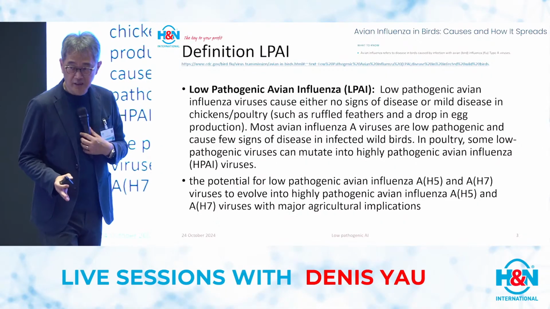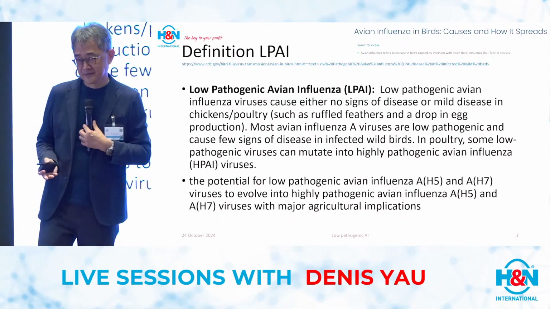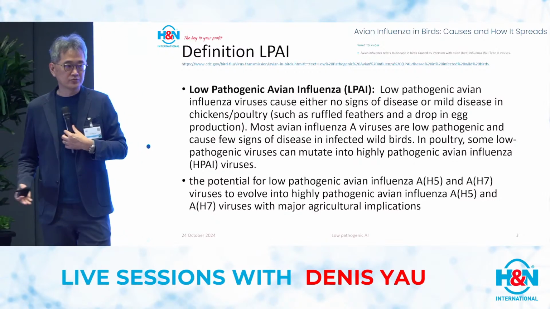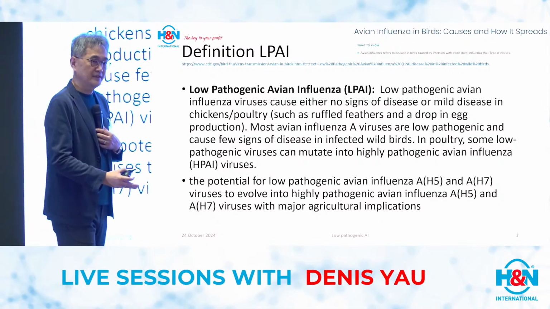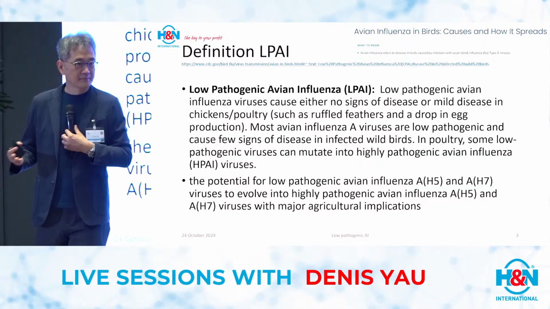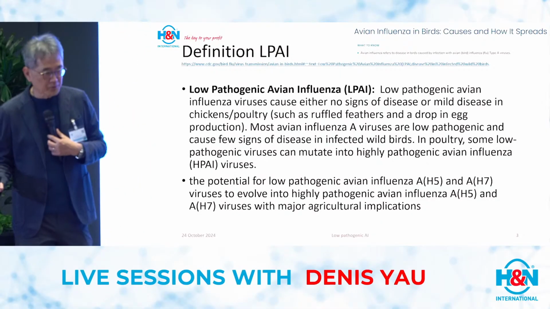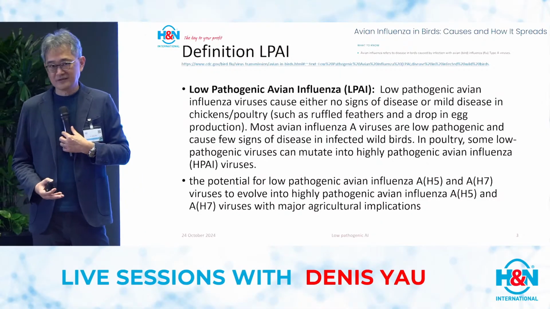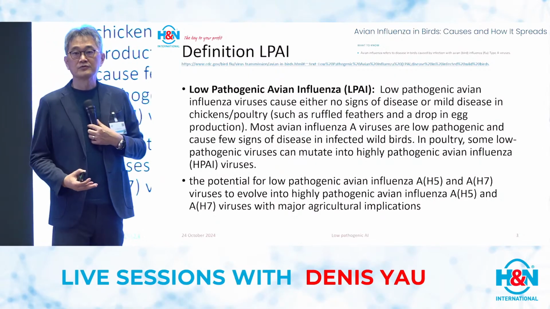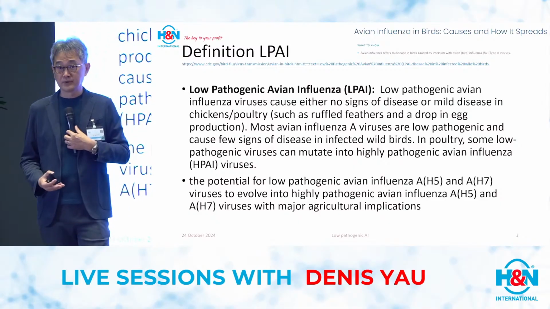But in Asia, we see something different. We can identify, say, H9N2, and when we put it into the lab, it is low pathogenic or non-pathogenic AI, but on the field, it is quite different. We see drops in production, more respiratory problems, more mortality.